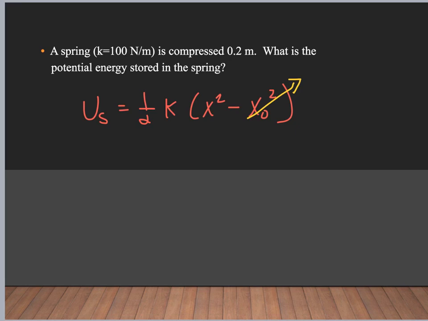Most of the problems you're going to see, it's going to be compressed from a starting relaxed state of 0. Which leaves us just with 1/2 kx squared. No more complicated than the kinetic energy equation.